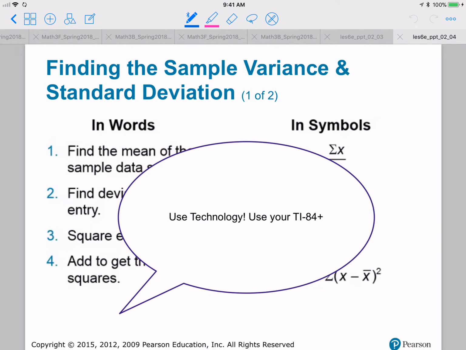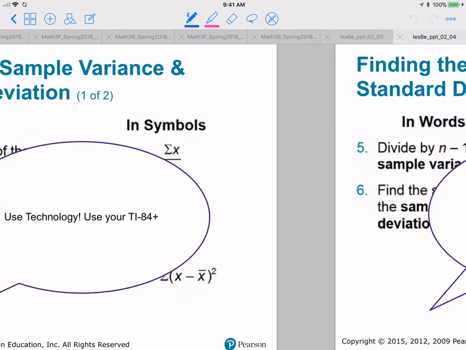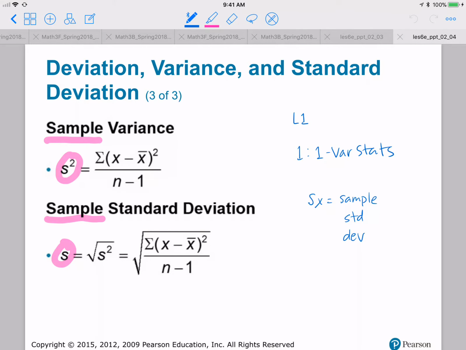Okay, so we've got, again, a whole bunch of words to describe how to do it. The formula differs. Let me point this out. The formula differs here because you're dividing by n minus 1 instead of the big N. Why is the formula different for sample versus population?